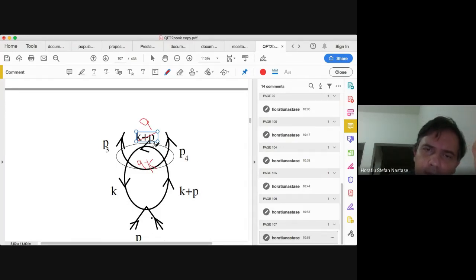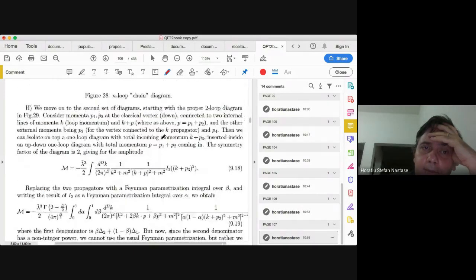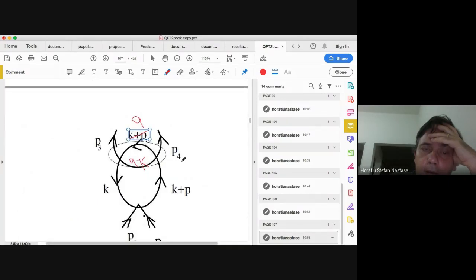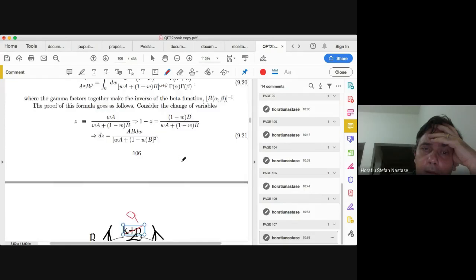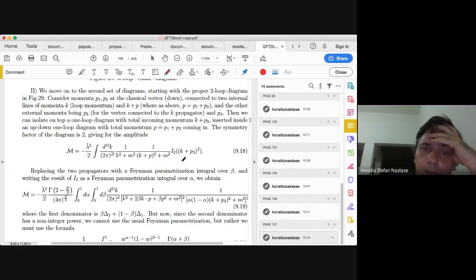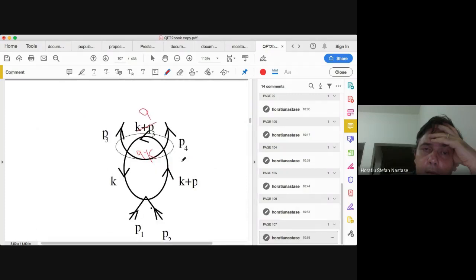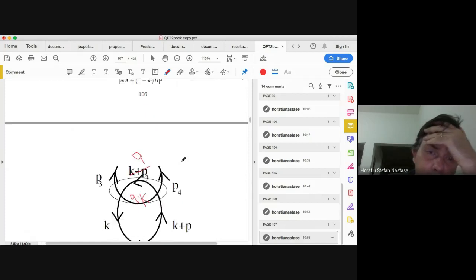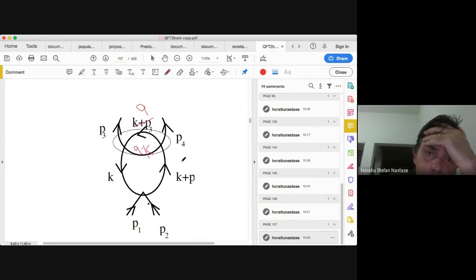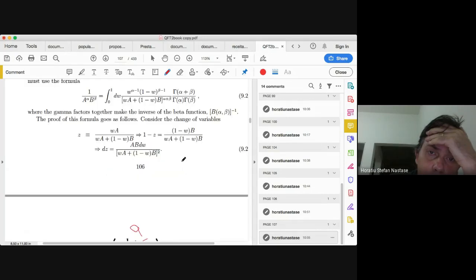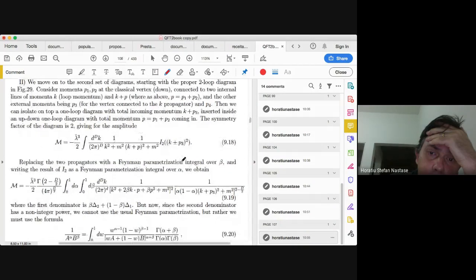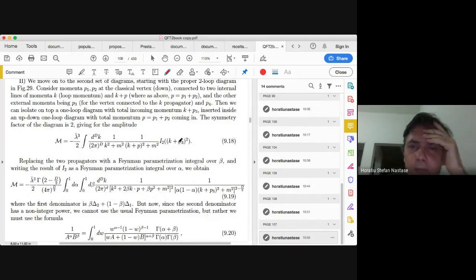This is a one loop sub diagram of the two loop diagram, and so, no, wait a minute, this. I kept writing k plus p3, but that's not right.